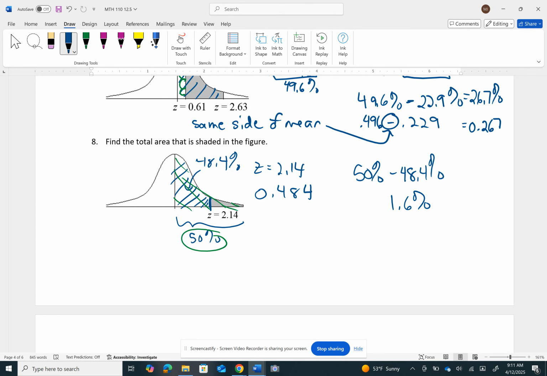So that means the gray area that you see right here, this must be 1.6%. So 1.6% of the data value should fall there. And then it is using the word area, so we'll report it as a decimal. Okay.